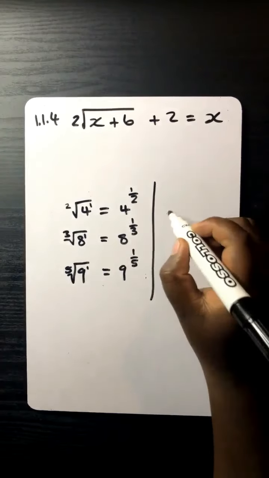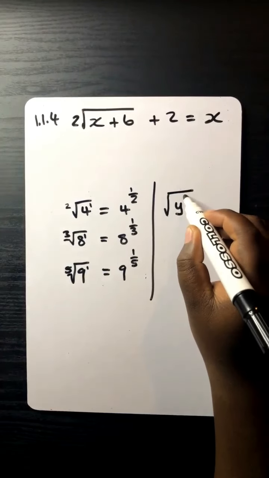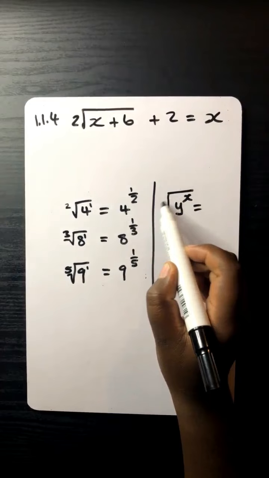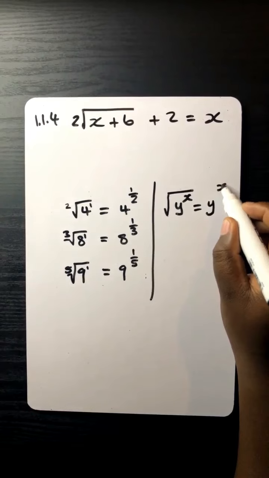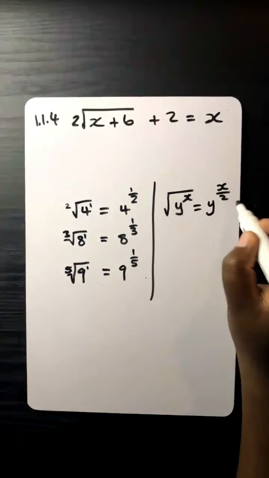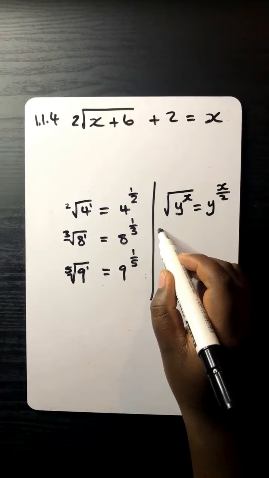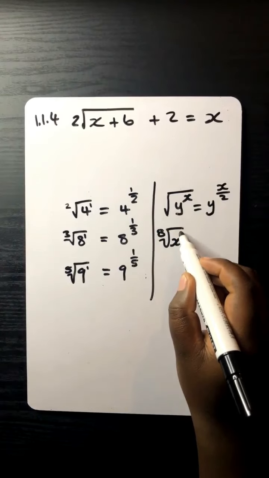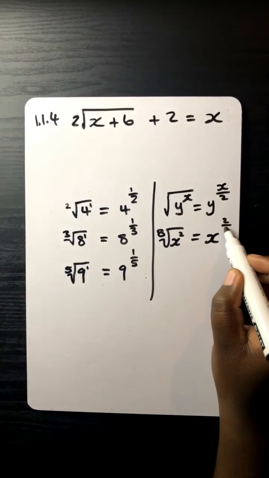So generally, we can say when you have the y-th root of x to the exponent x, because there is that 2 over there which is not necessary to write, that means this is y. At the bottom is the exponent of whatever is inside the brackets, then you divide it by the root. Ladies and gentlemen, if you've got 8 square root of x to the exponent 2, this is the same as x to the exponent 2 over 8.